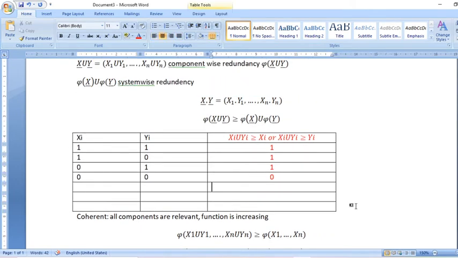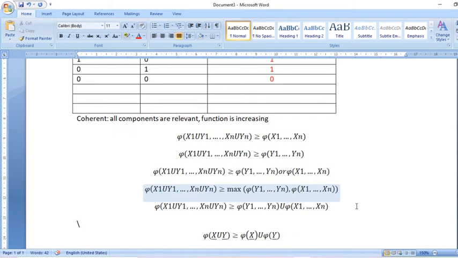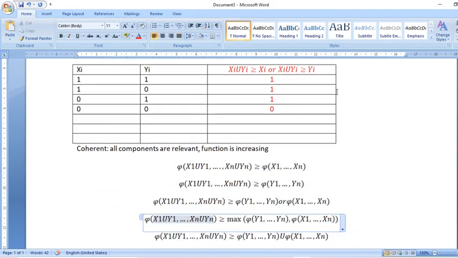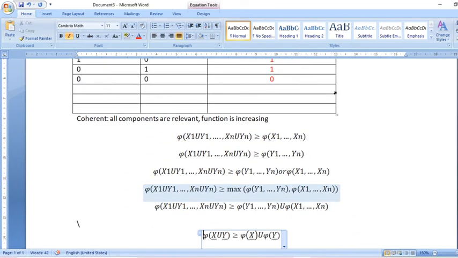So by connecting components in parallel, you can ensure a more reliable system. Instead of putting another system in parallel, we can put components in parallel, and that will create a more reliable system, better than the system-wise redundancy.